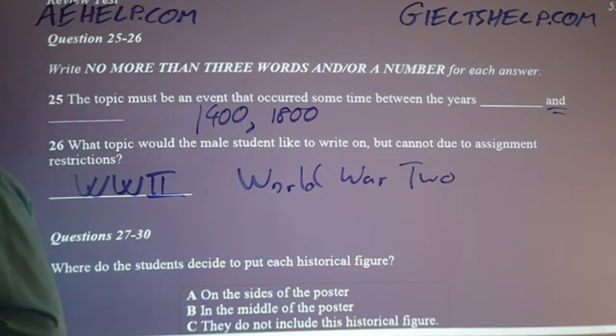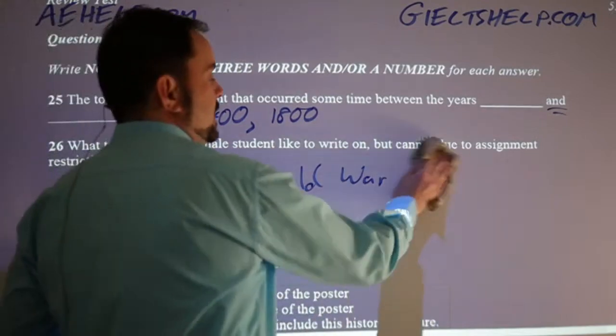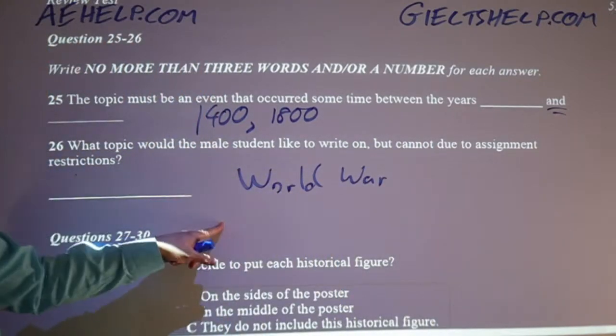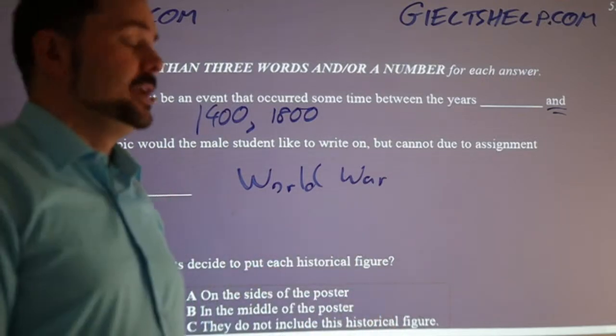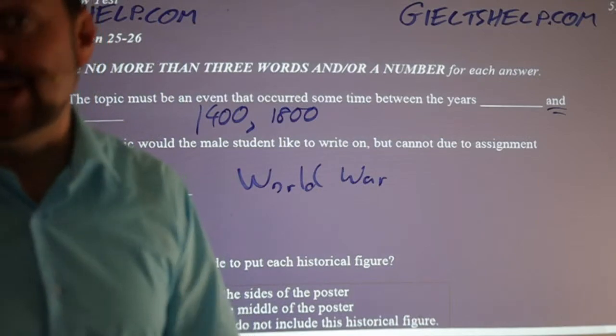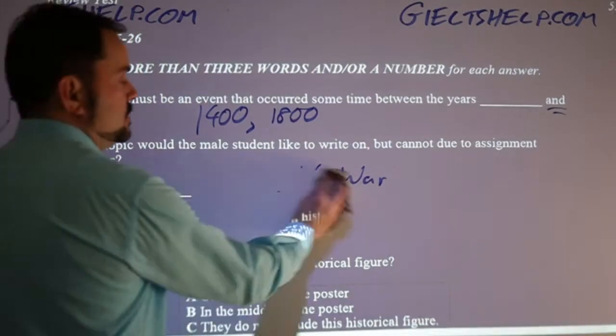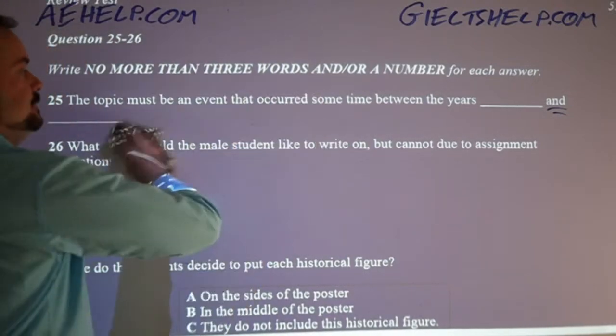So be really careful when it's a name. Okay? World War without two is not correct, so this would also be wrong because there are two world wars, right? So World War I, which started in 1914, and then World War II, which began in 1939. So you need to make sure you identify the correct one, okay?